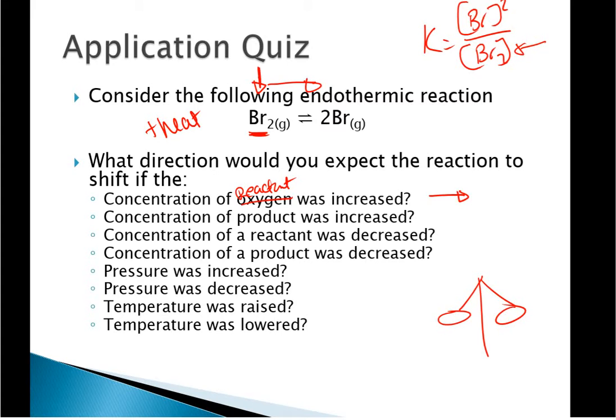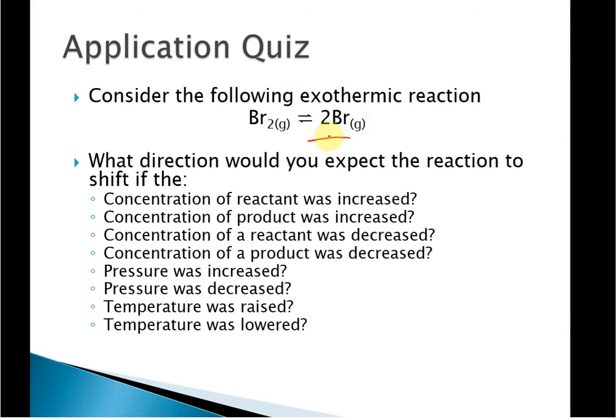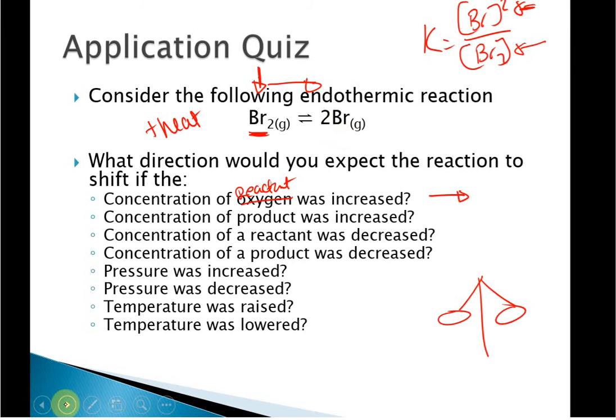And if we add in a bunch of product, we dumped in some Br gas, then our ratio is going to be shifted because now we're going to have some of this top amount going up. And so in order to have that K value equal to the same, you have to basically go back the other way. You're adding in some of this, so it needs to go here.